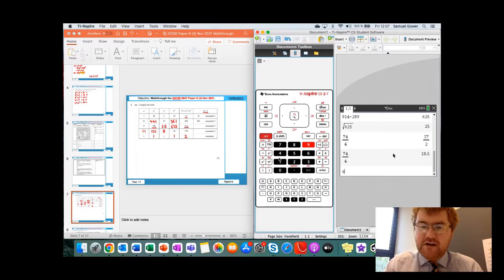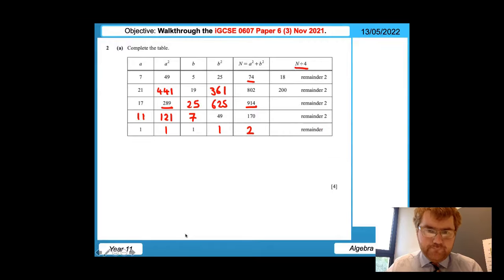So if we do 914 divided by 4, and then give ourselves a decimal, and we get to 228.5. So all we do is put 228 into here, because the remainder is always going to be the same.